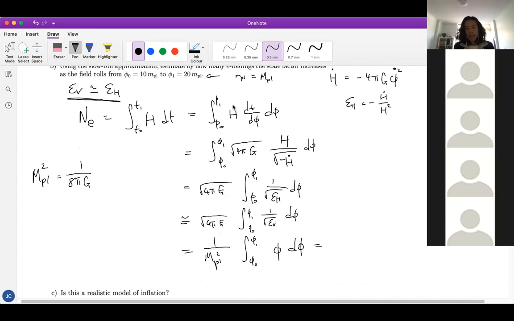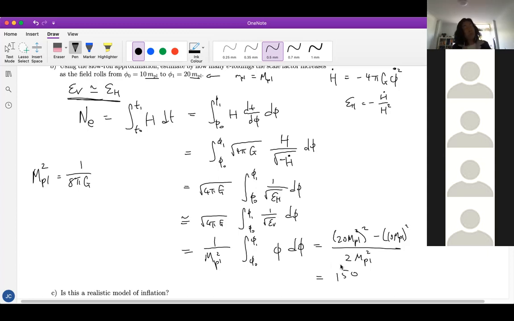Now we know the limits of this integration, so it's fairly simple. It's just going to be phi 1 squared minus phi naught squared over 2 M_Pl squared. All the Planck masses cancel out, so the number works out to be 150.